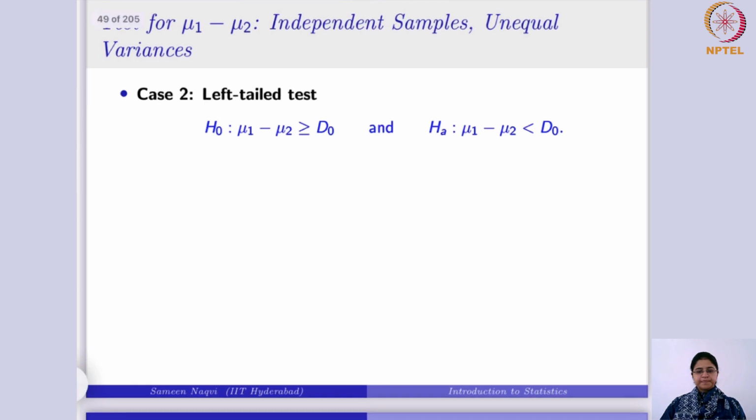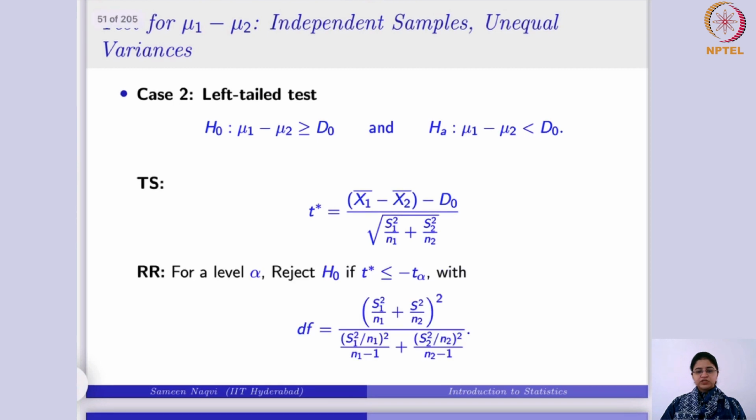Likewise, you will have the left tail test also. So here in the left tail test, the alternative would be that the difference of the two means is less than some hypothesized value. Again, the test statistic would be this. And you would be rejecting the null hypothesis if it is less than minus T alpha.